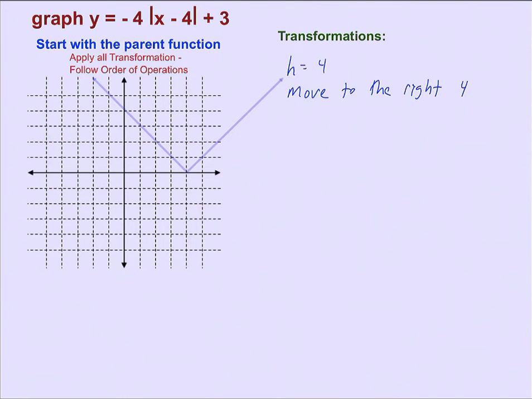And then, since the a is equal to negative 4, that changes the steepness. I can say it changes the slope because absolute value graphs are straight, so I can't use the word slope here. Changes the slope to negative 4 on one side, 4 on the other.